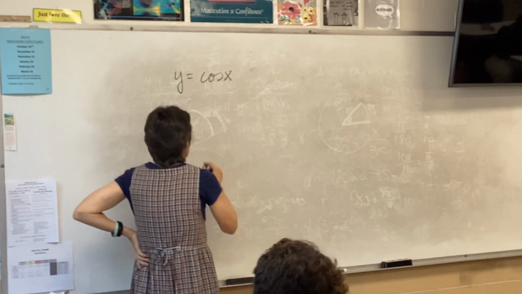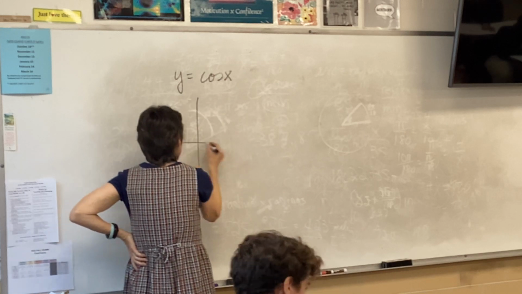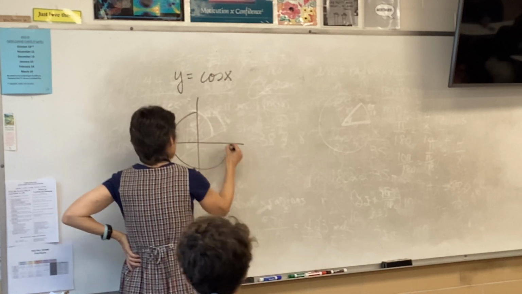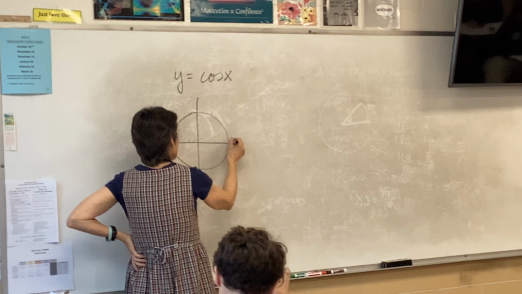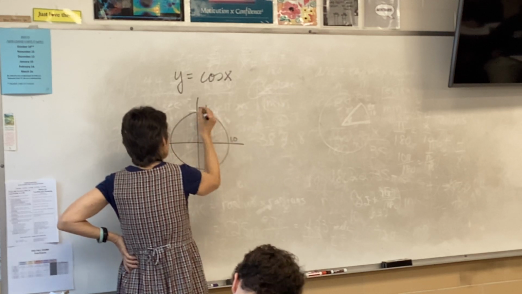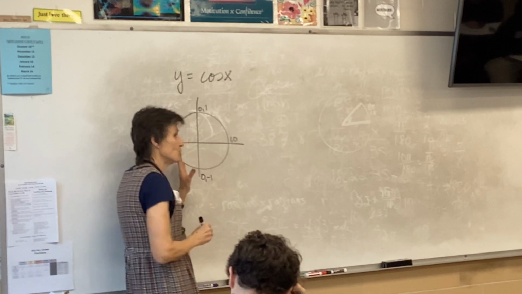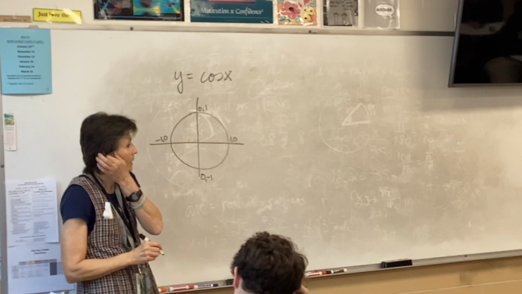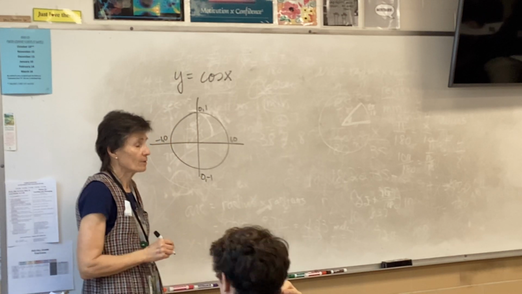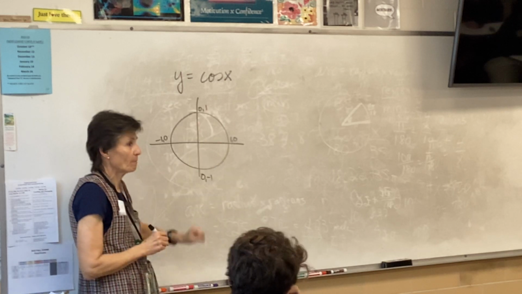First, I'm gonna draw my handy dandy unit circle, and label all of the quadrantal angles. We did this yesterday. The unit circle has a radius of 1, centered at the origin, so there are my points.